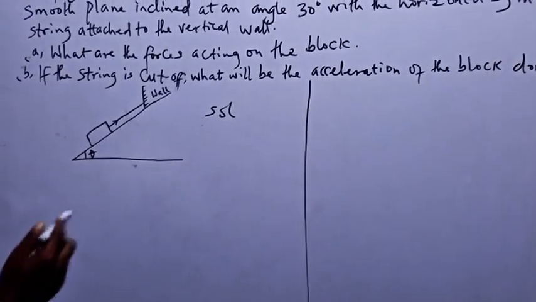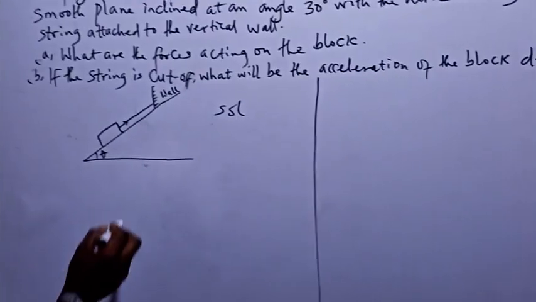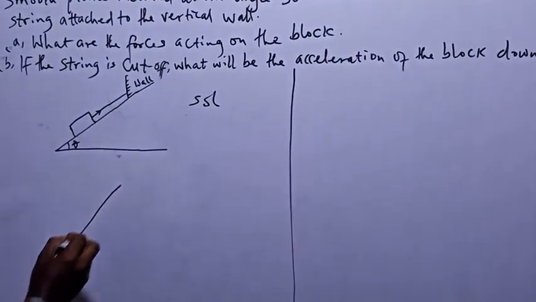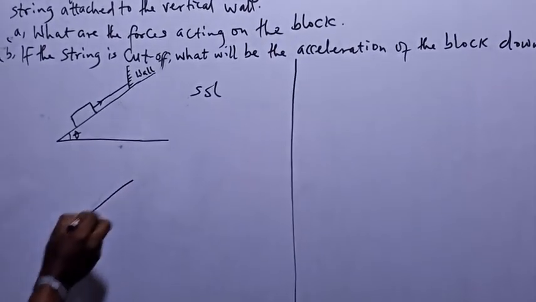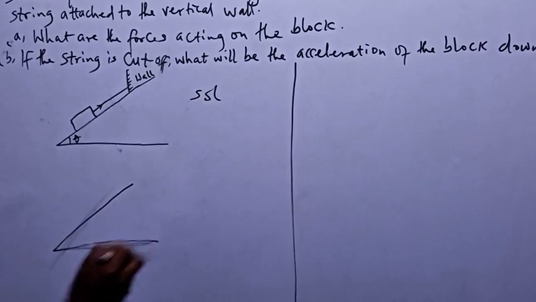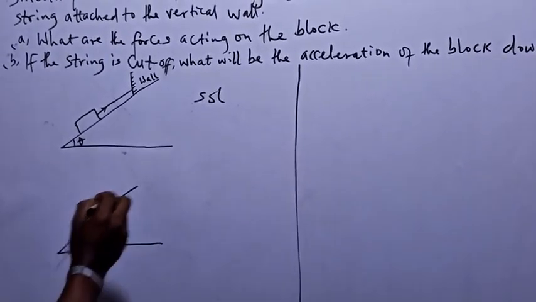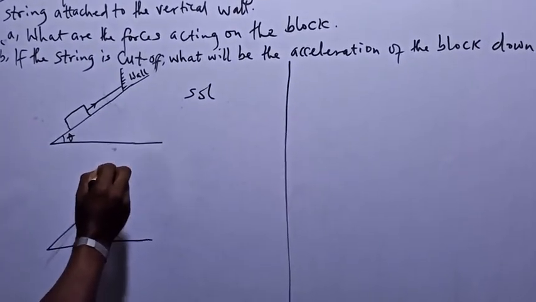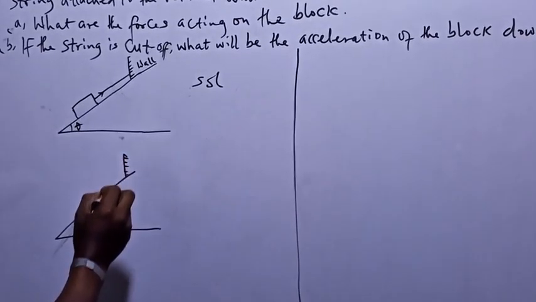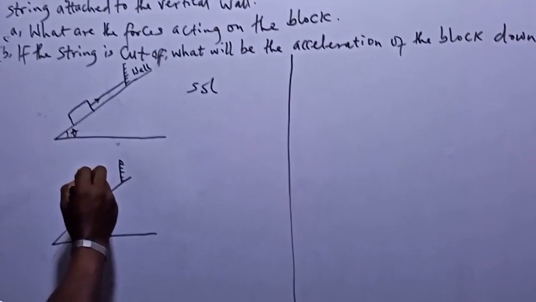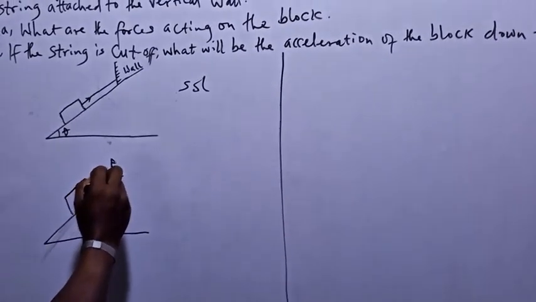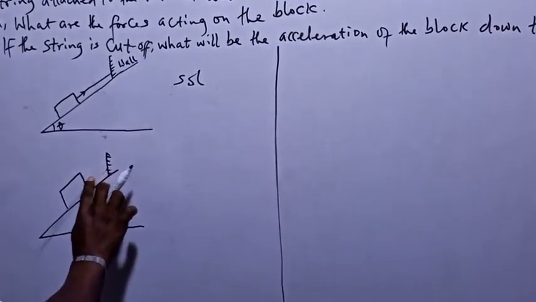Now let's resolve the forces here. This is an inclined plane. If you have something inclined like this, and this is a wall where the string is attached to, this is the body, with the string attached to it.